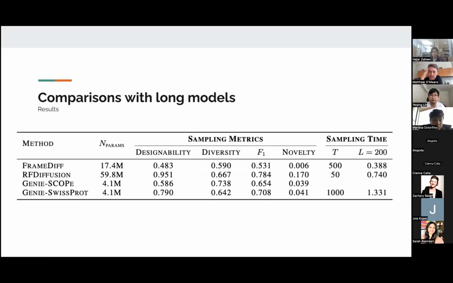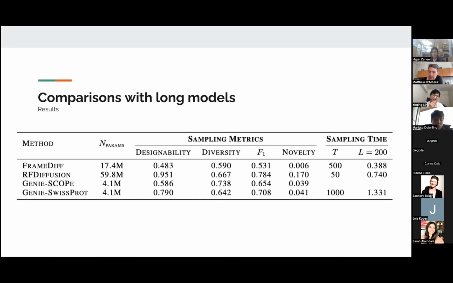So before we move on, for the novelty, this is novel relative to what data set? PDB data set. And as far as the training data goes, for RF diffusion and the Swiss-Prot set, or the SCOPe set that you had, were those PDB structures in the training set for both of these models?